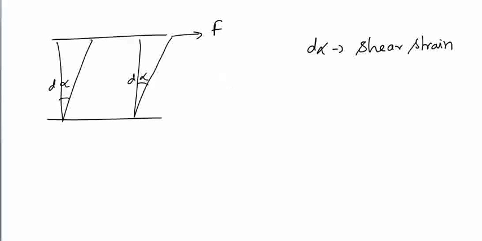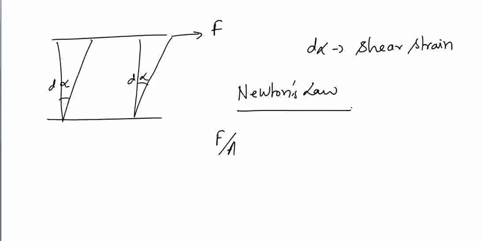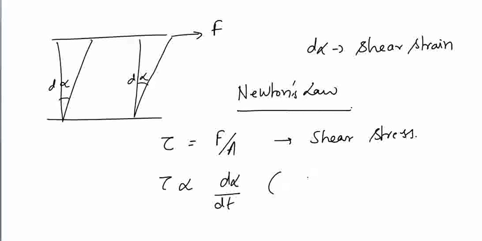On the basis of experiments, Newton gave a law for viscosity. He said that the shear stress, that is force per unit area, tau, is proportional to the rate of shear strain, d alpha by dt.